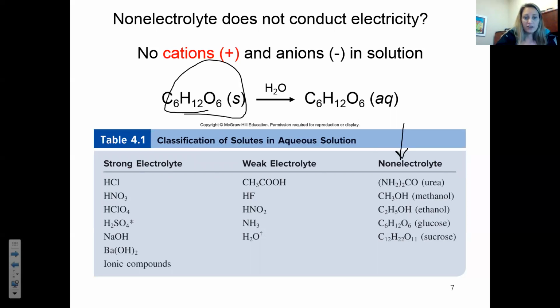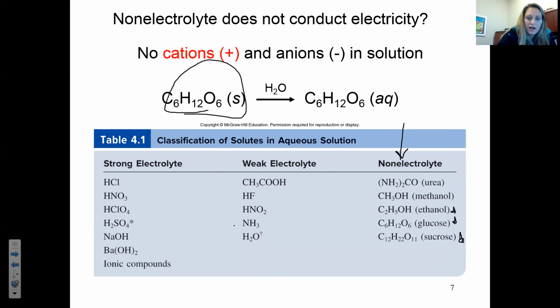Now this chart is out of your book. It's figure 4.1, and I highly recommend that you look at some of the things that are on each side. More importantly, things like ethanol, or glucose, or sucrose, which are all sugars, and gases. These are obviously going to be non-electrolytes. They don't break down.